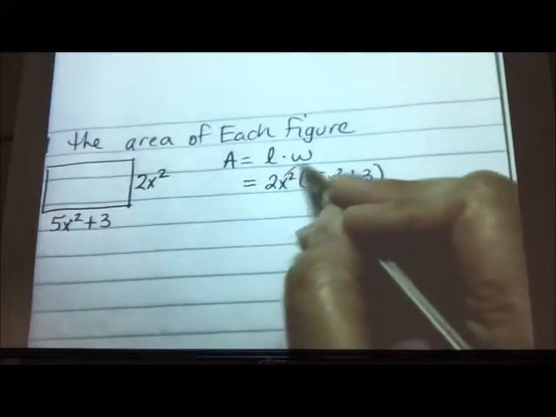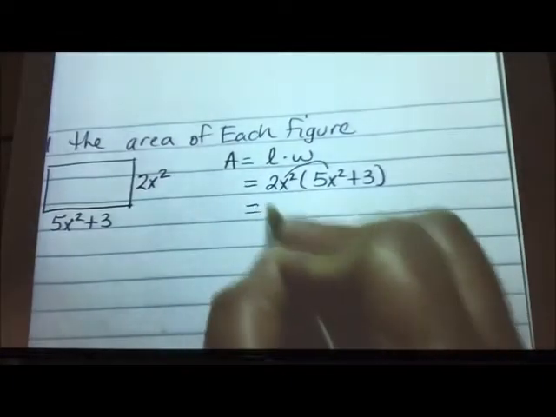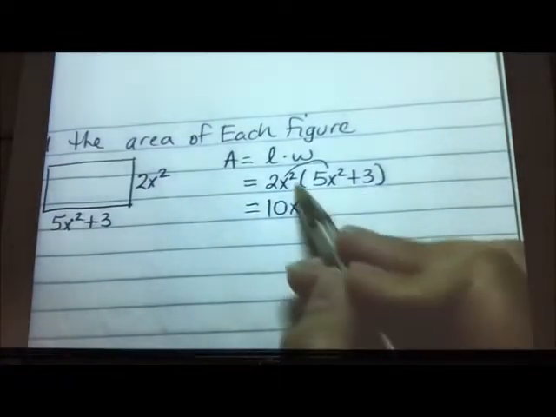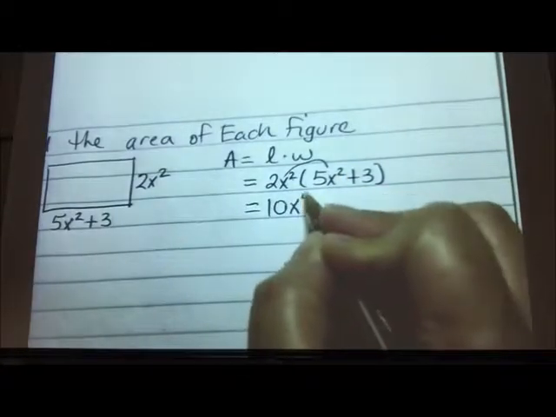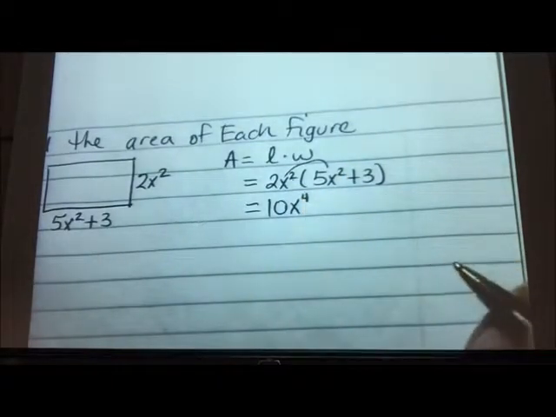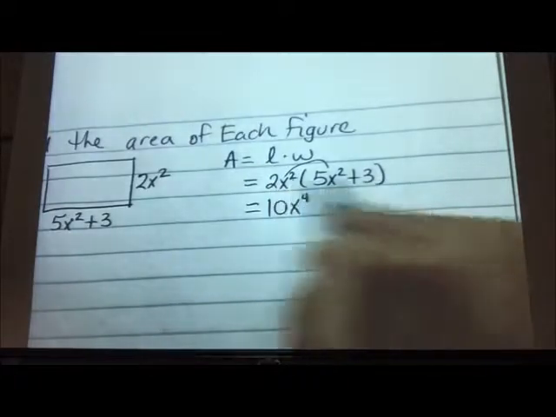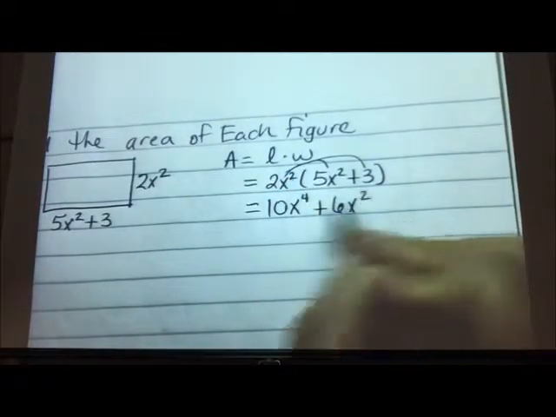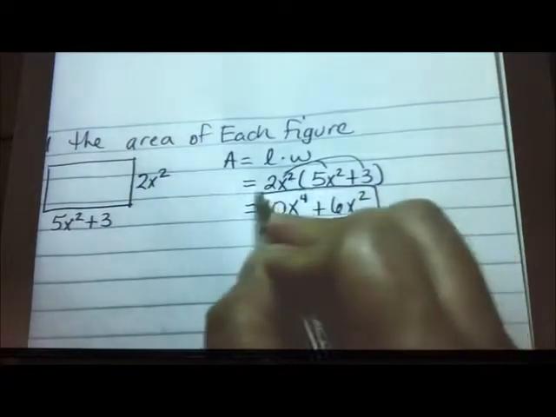So 2x squared times 5x squared becomes 10x to the fourth. Because it's multiplication, we add our exponent, so 2 plus 2 is 4. 2x squared times 3 becomes 6x squared. That's how simple those are.